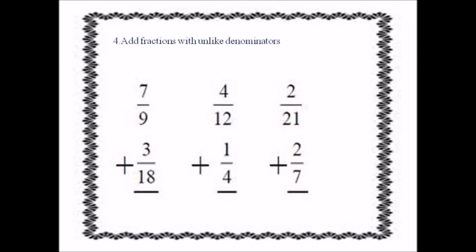If you do it like this, you have to add first the numerators and then the denominators and then divide and bring it to the simplest form.